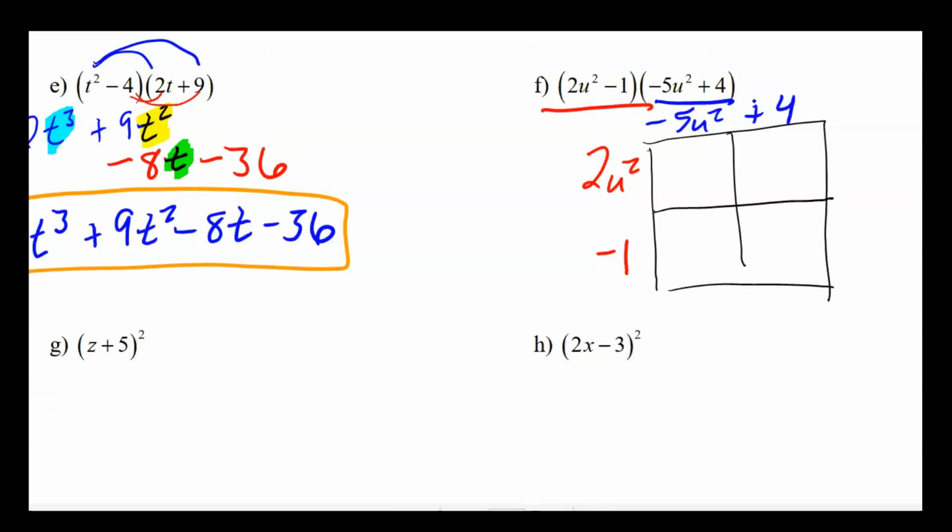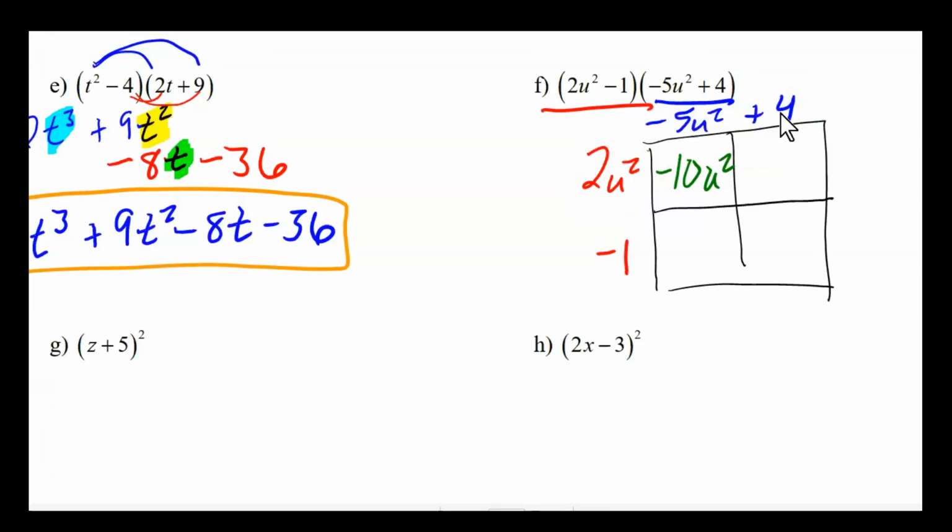And then I multiply as before. So off to the side, up to the top, those are what I multiply. So negative 10u to the 4th. 2u squared on the side, all the way over to 4 on the top.